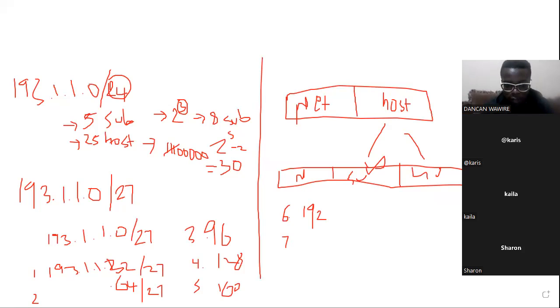Ama nimehesabu wapi? 1, 2, 3, 4, 5, 6. This was 1. This will be 2. This will be 3. This will be 4, 5, 6, 7, 8. Those will be 8. Na zime specify na hiyo 32.